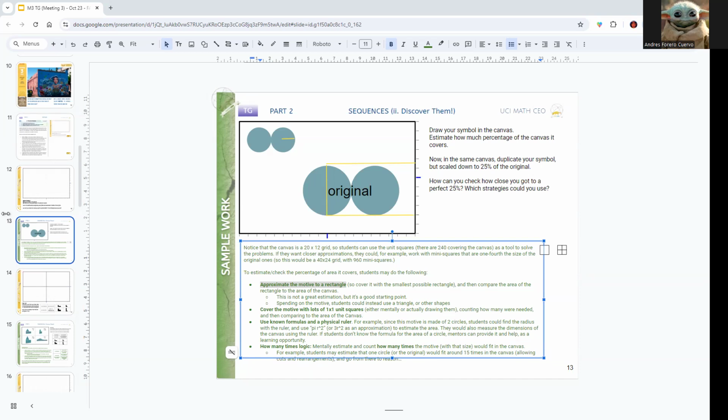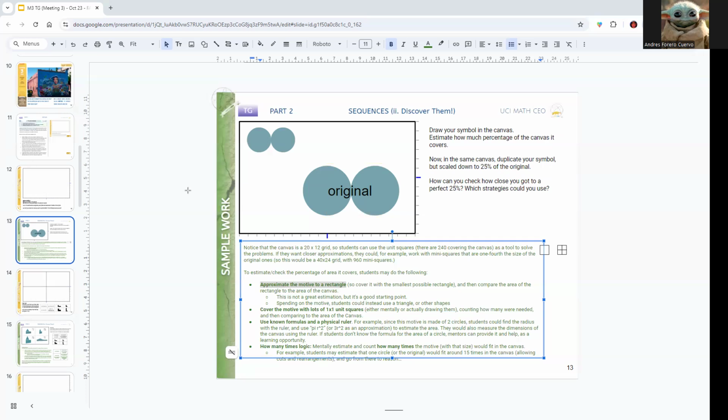What else could be done? Well, many things, but the last in our manual is how many times logic. So the how many times logic goes like this. Forget for now about this scale copy. Let's just worry about the original. It goes like, how many times would I need to copy paste, right?